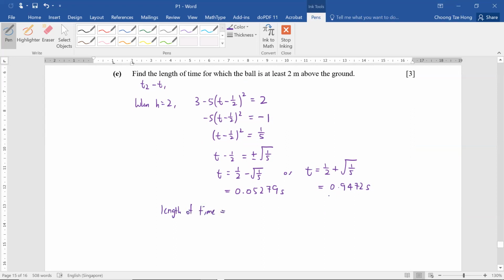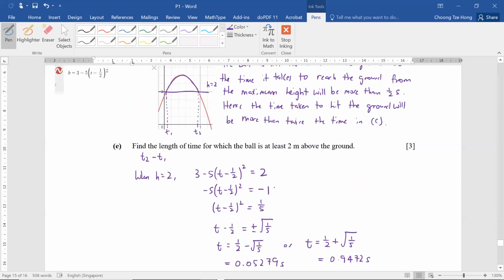We'll take the bigger timing minus the smaller timing, and we'll get 0.894, to 3 significant figures. So this duration of time from here to here will be 0.894 seconds. That's the duration whereby the ball is at least 2 meters above the ground, 2 meters or higher.